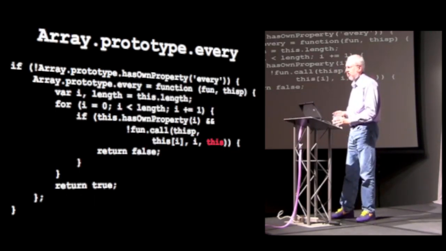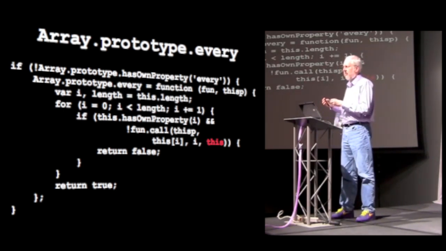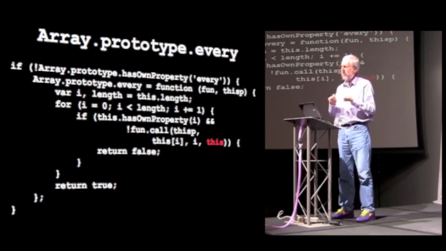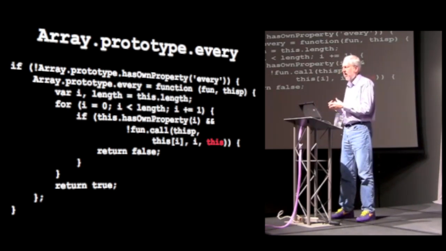We've got a large set of array methods. These were worked out originally by Mozilla for Firefox, and they're really good. The thing they all have in common is they take an array and a function, and they call that function for each element in the array. And they all do something slightly different with that configuration.